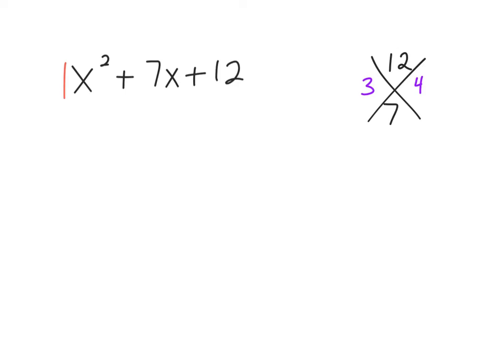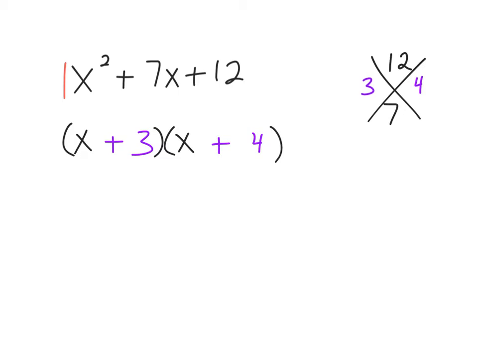Now all I need to do is set up my double parentheses, because it's going to be in factored form now. Each starts with an x, since x times x gets me to x squared, so that looks good. Then I put my magic numbers there, a positive 3 and a positive 4, and I am done.